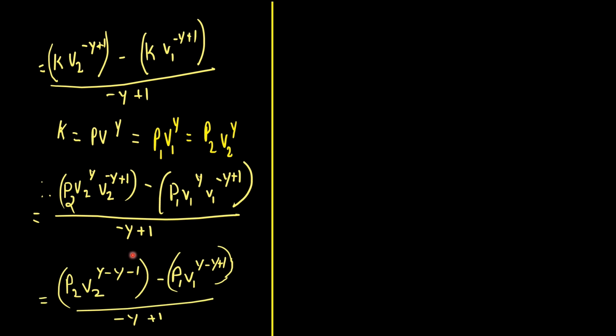This is equal to P2 V2 raised to gamma minus gamma plus 1, that is, we have added up the exponents, minus P1 V1 raised to gamma minus gamma plus 1. Here we have to minus this. Therefore, these two quantities get cancelled. What remains is P2 V2 minus P1 V1 divided by negative gamma plus 1.